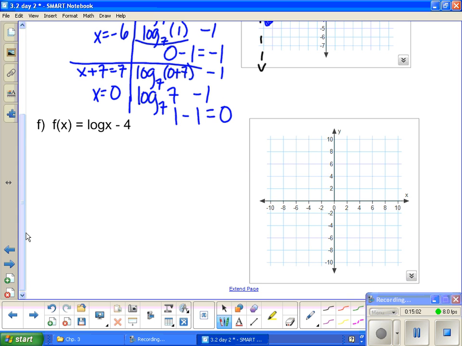Last one. Start with our domain. Our domain is x is greater than 0. This minus 4 is on the outside, it's not in the parentheses, that's how I know that. Range, all real numbers, so my vertical asymptote is at x equals 0.